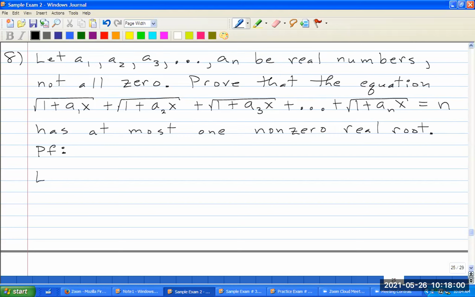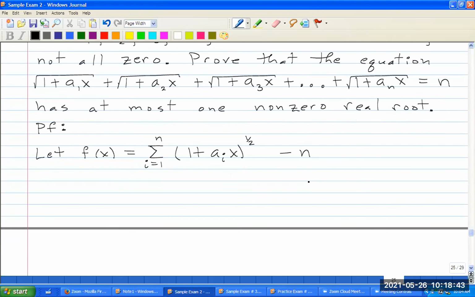So first off, let f of x equal the sum, i equals 1 to n, of (1 plus a sub i x) to the 1/2, minus n.